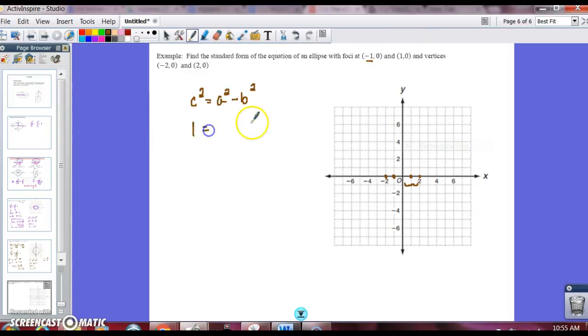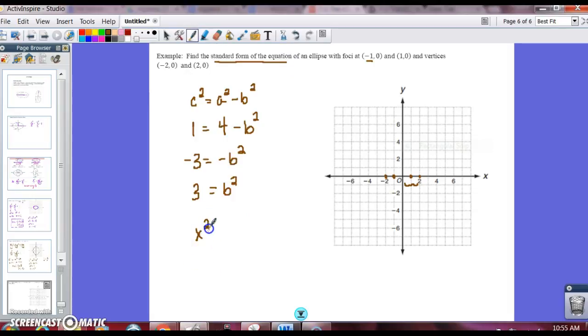So I have 1 is equal to 2 squared, which is 4, minus b squared. So I have -3 is equal to -b squared. So b squared is equal to 3. Now, I don't actually have to solve for b because they're just asking me to write the equation.